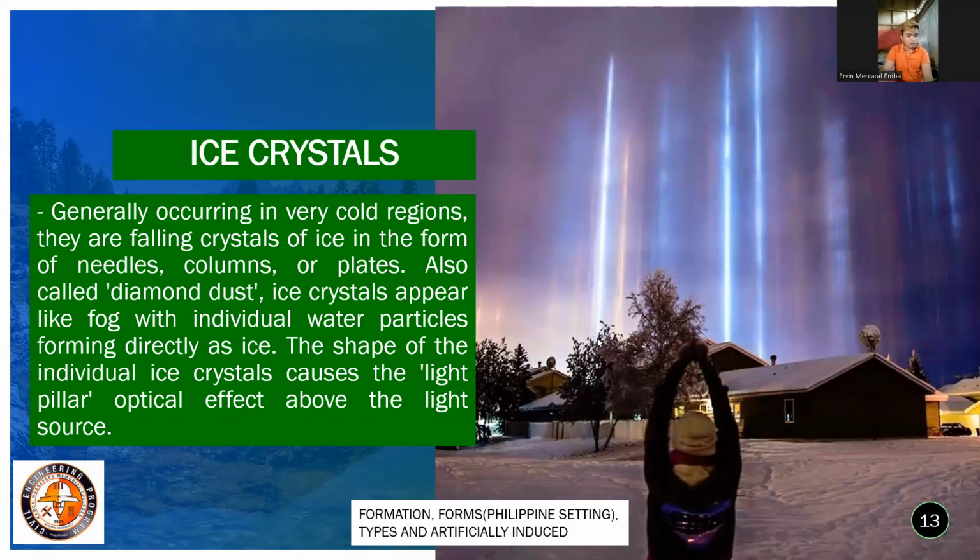So it is only present in the very cold regions. This phenomenon is very beautiful. It is eye-pleasing, and it is just wonderful to see this art made by nature. So let's proceed.